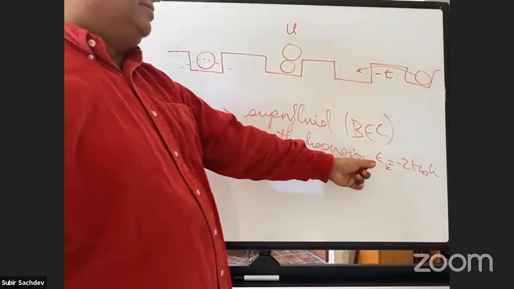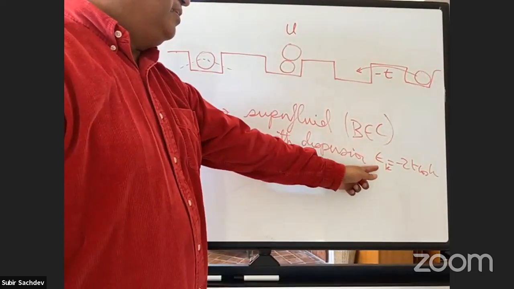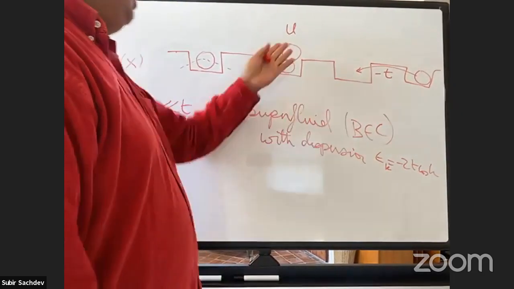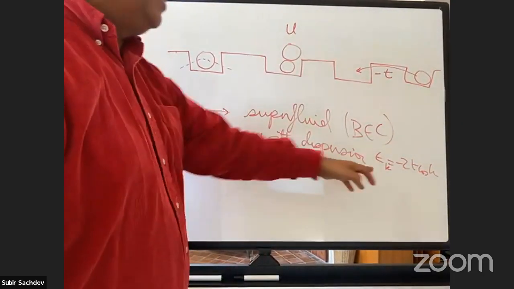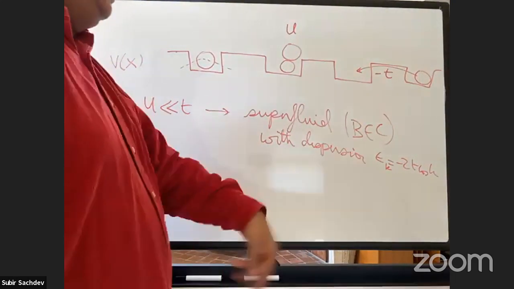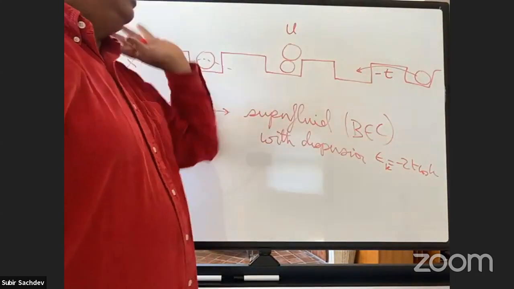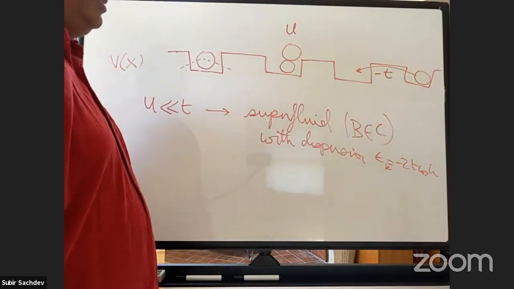So there's some dispersion, not k squared, some periodic function of k. Since U is small, you can just take the lowest energy state and put all your bosons in it. Then you do the Bogoliubov theory. Everything just goes through with the new value of E_k. It's really no different from the theory we've already done.